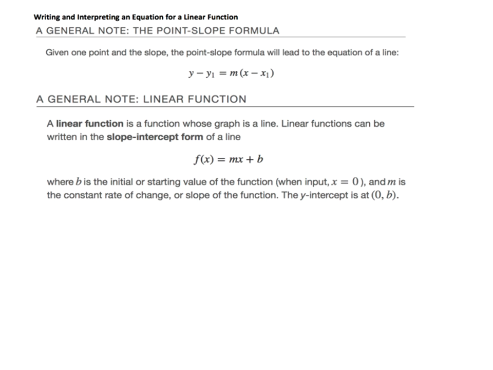So point slope form is called point slope form because what shows up in the form is an x1, y1, a given point, and you have to have the slope.